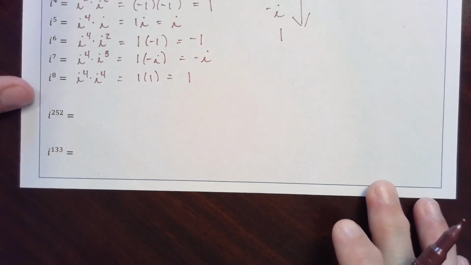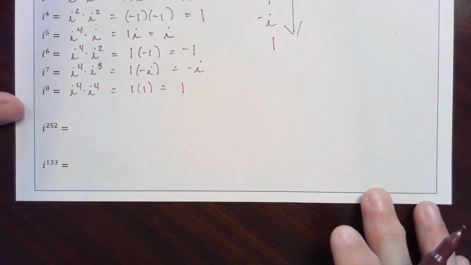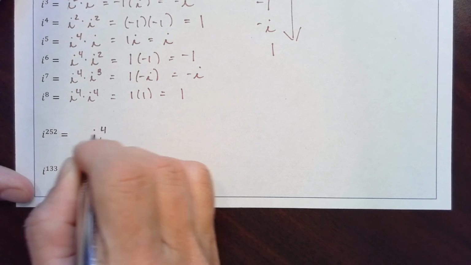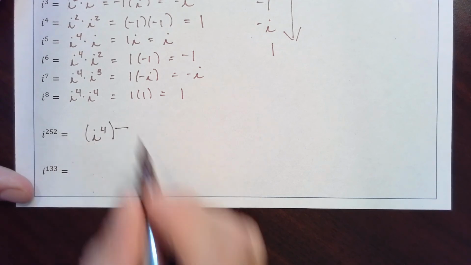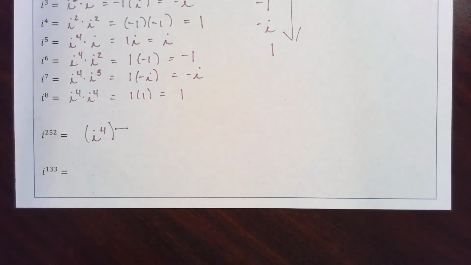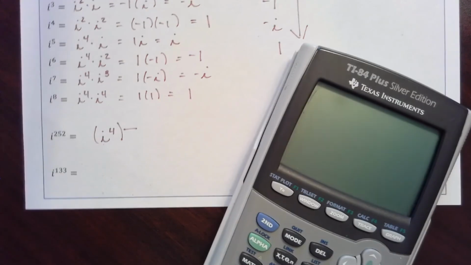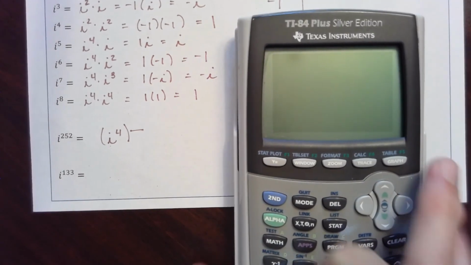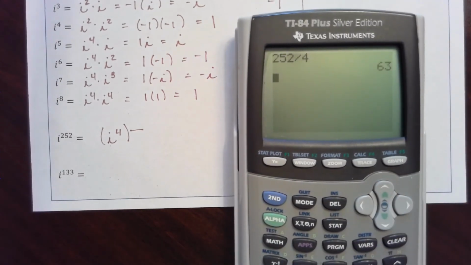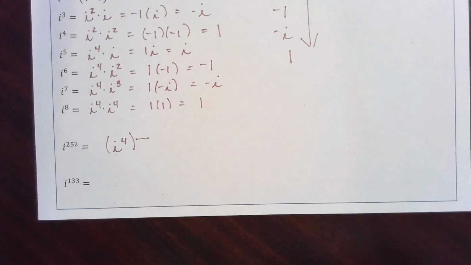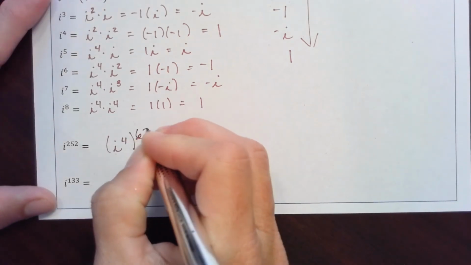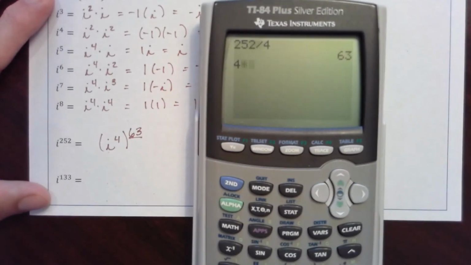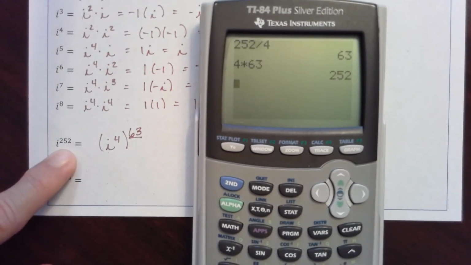If I want to know what i to the 252nd power is, I want to know that's i to the 4th to what? So take your calculator. 252 divided by 4 is 63. i to the 4th to the 63rd power. 4 times 63 actually is 252.